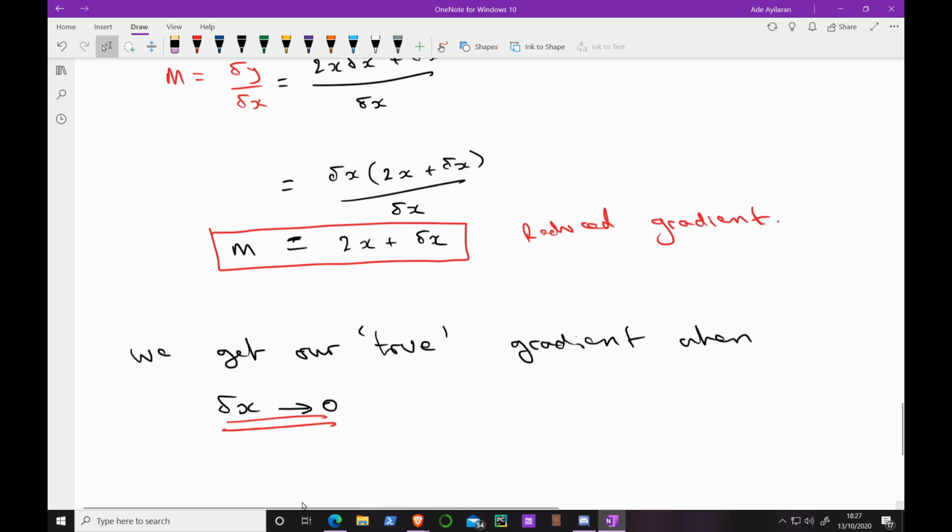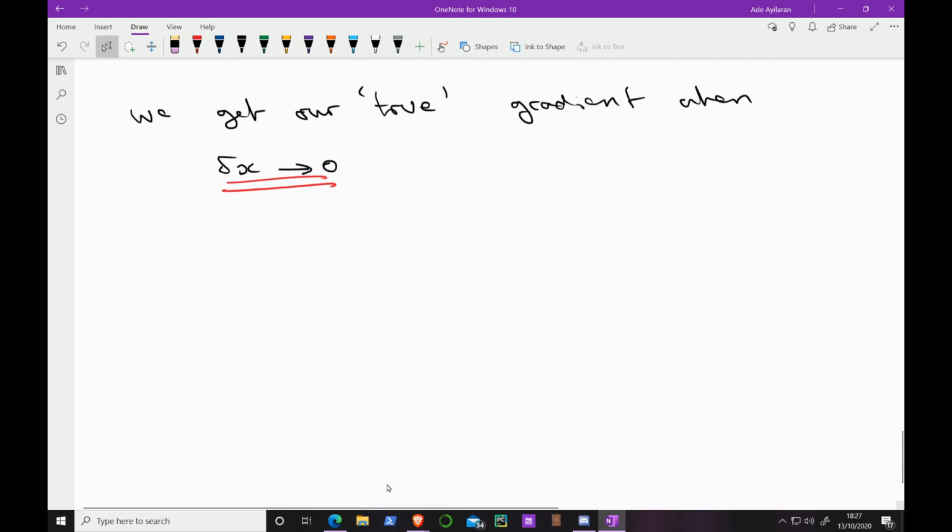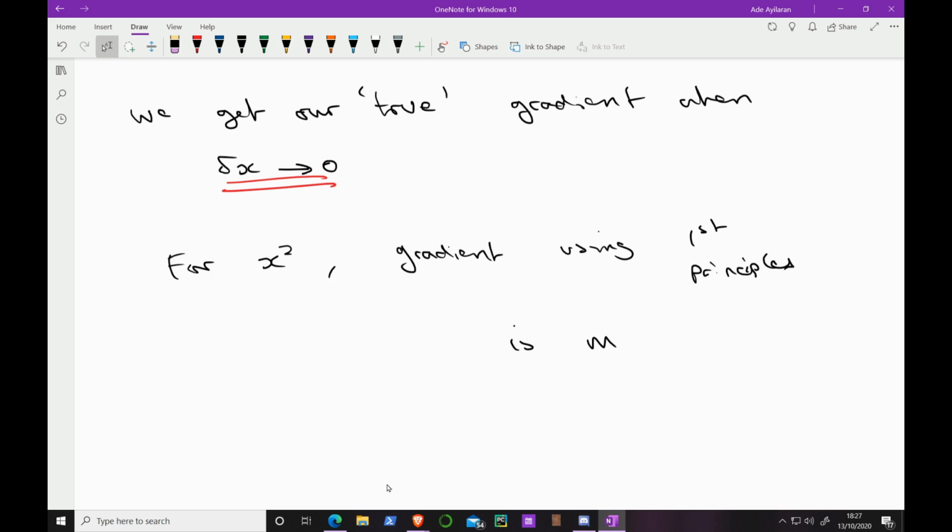So for x squared, the gradient using first principles is m equals 2x.